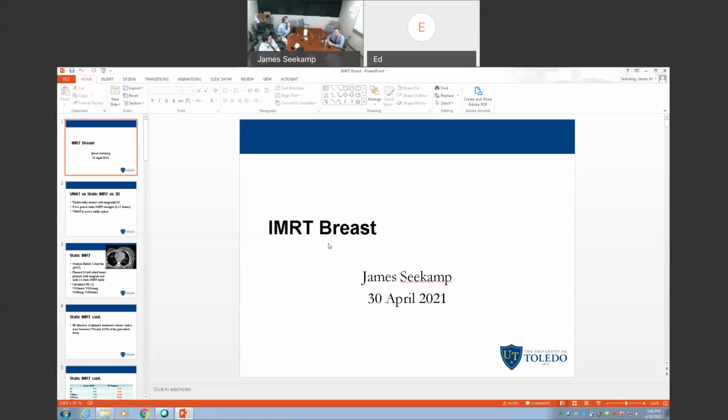But there are going to be times when you're going to question how much flash do you have, or the therapist is going to question how much flash do we have, because they're going to be down at the machine, they're going to take a cone beam CT, and they're going to notice that the breast that we're treating or the chest wall that we're treating has swollen to be outside of the area that we intended it to be, and they're going to need to be reassured that we've got the flash.